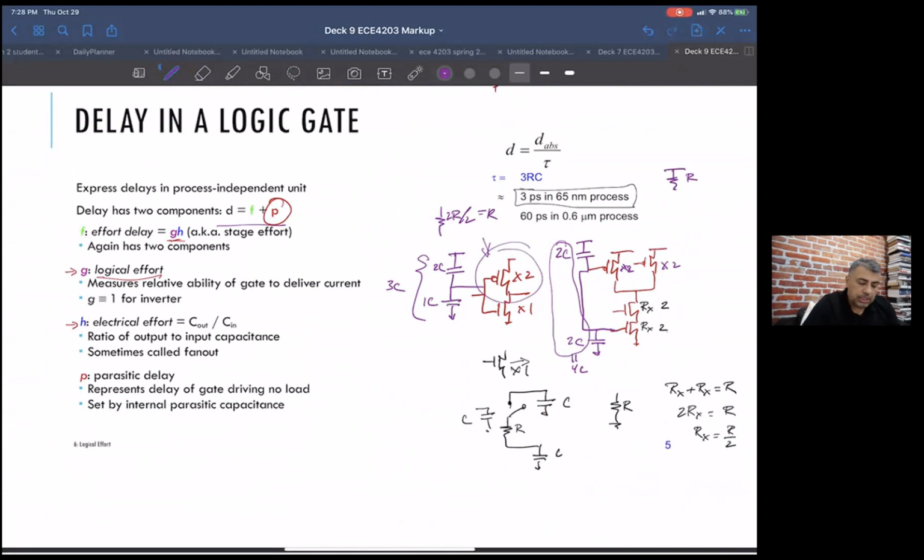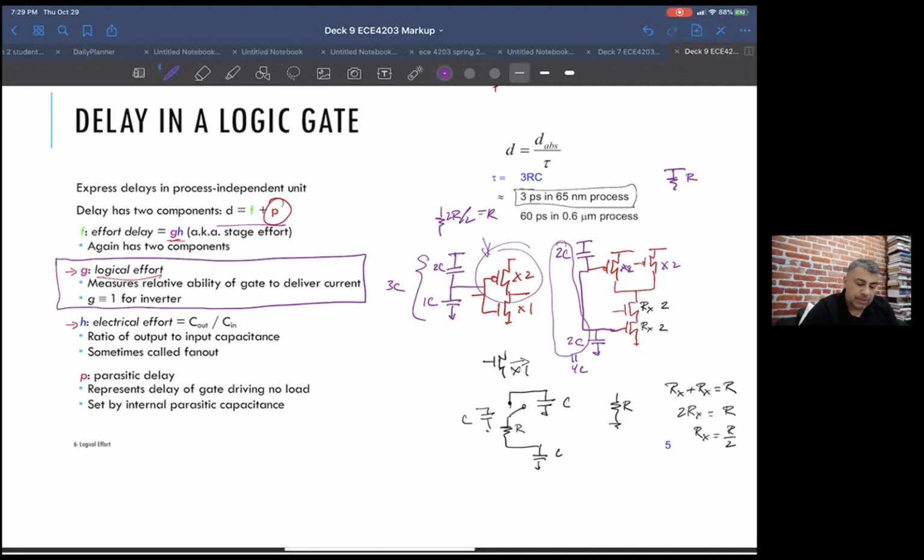So we're putting this logical effort, which is sort of measuring the relative ability for a gate to deliver current compared to an inverter having the same value. And it just ends up being the ratio of the gate capacitances. You guys have to bear with me, this gets a little confusing.